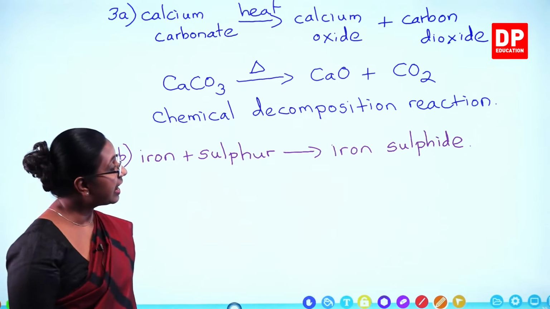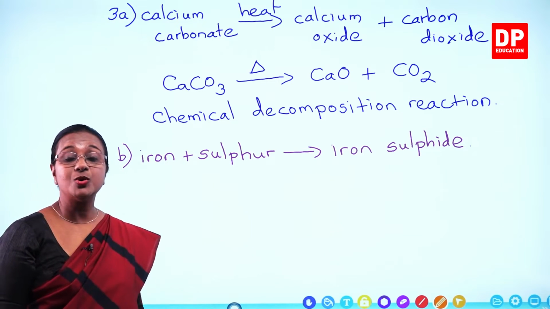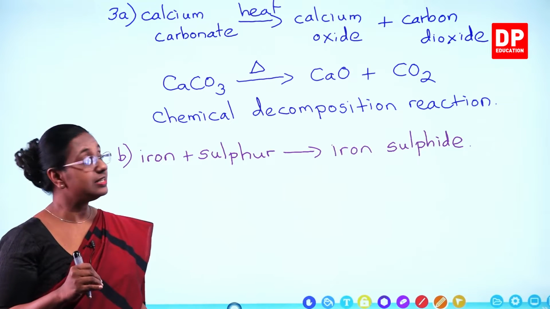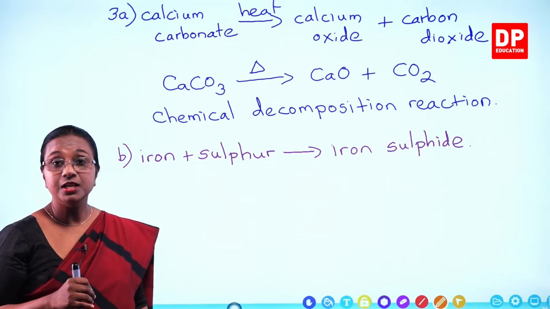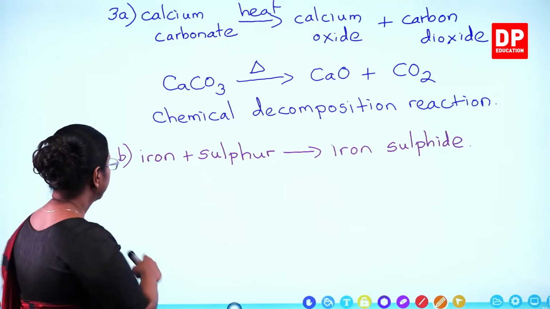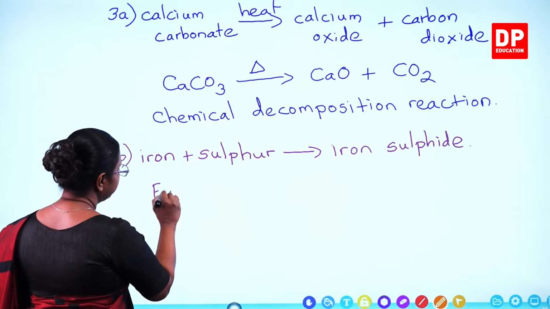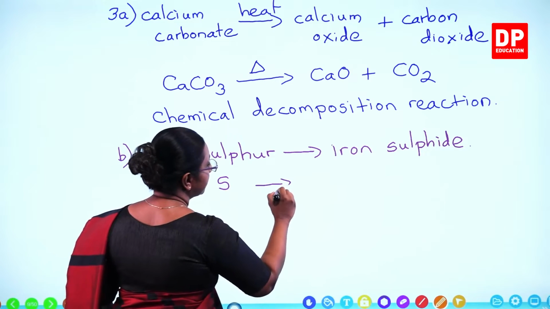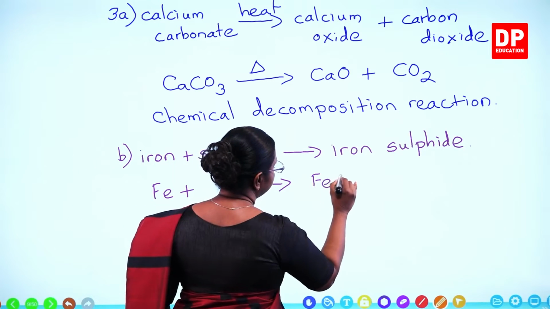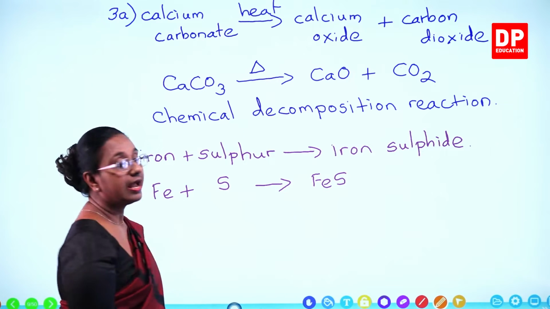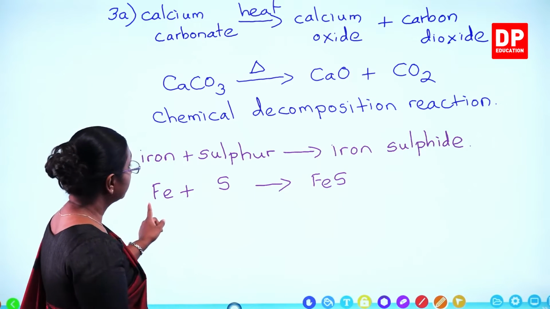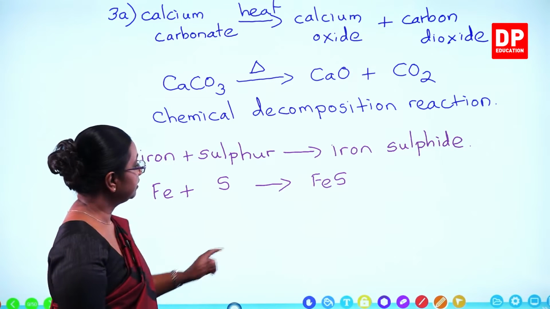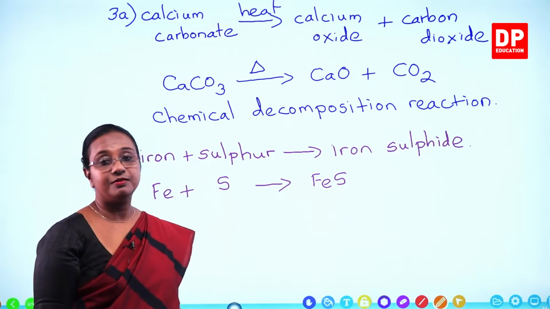Here it says iron and sulfur giving rise to iron sulfide. Again, iron you know is Fe and the valency we used is Fe2 plus. So valency 2. So iron is Fe plus sulfur S giving rise to FeS, iron sulfide.